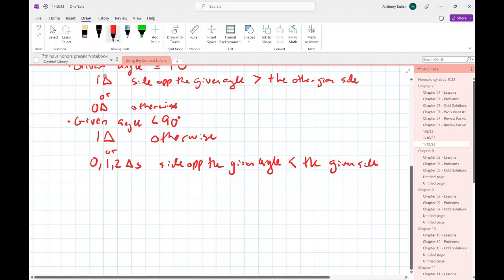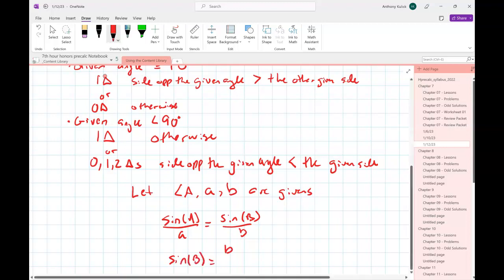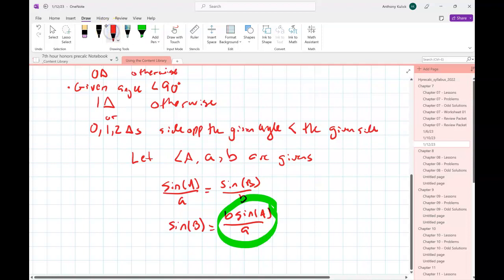Now, Kendall, to deal with this situation, say that angle A and side B are the givens. To tell what's going on, we set up a law of sines and solve this for sine of B, not angle B, but sine of B. This value is going to tell you whether you have 0, 1, or 2.